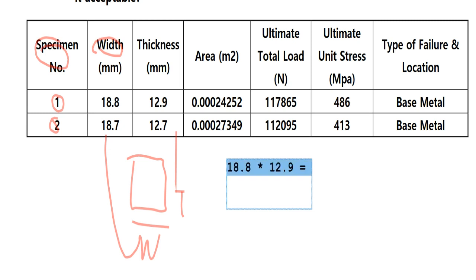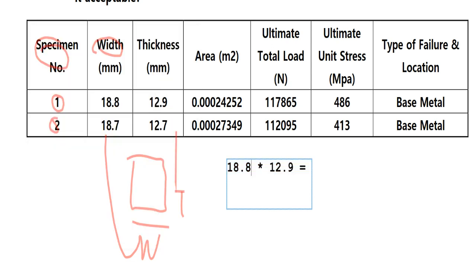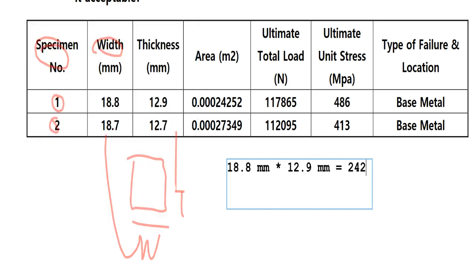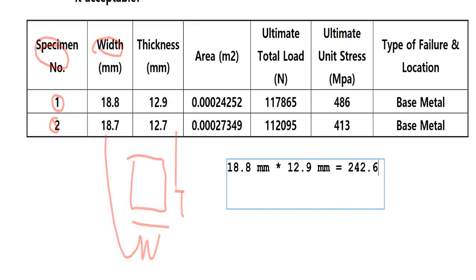This is millimeter, and this is millimeter, and the area is 242.52 square millimeter. This is the area.